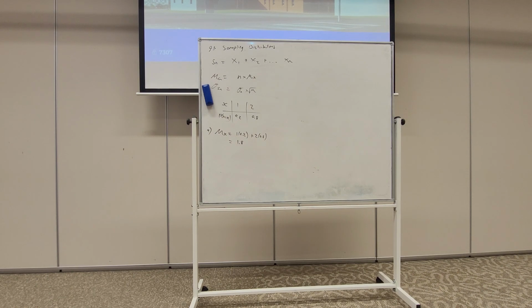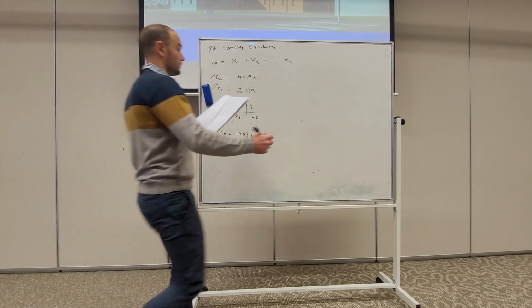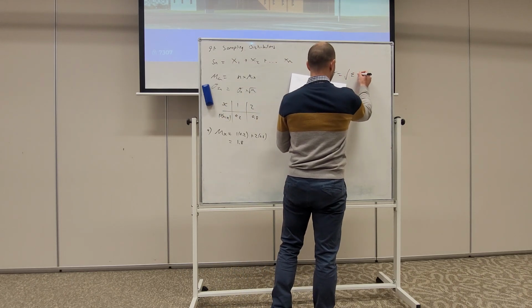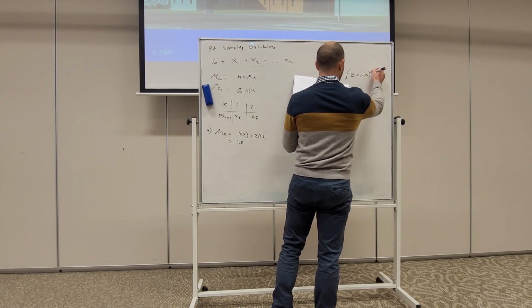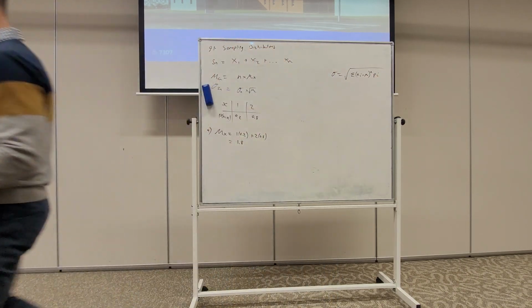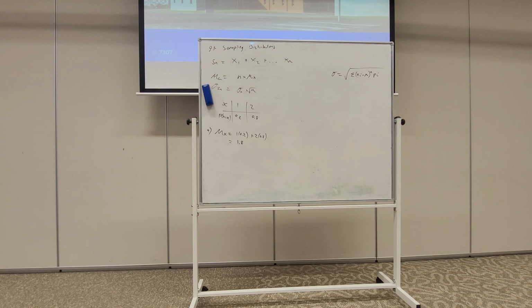Okay, there are two ways we can represent the standard deviation, but here's one: the sum of xi take the mean, squared, multiplied by the probability, square root.